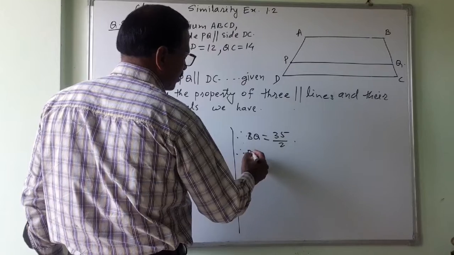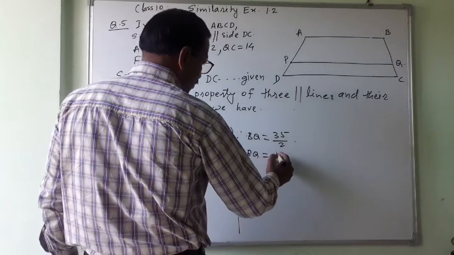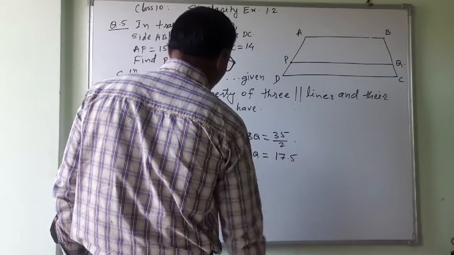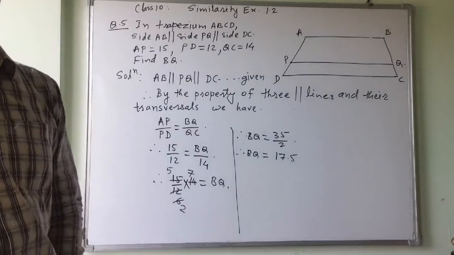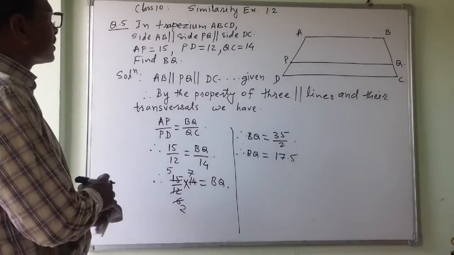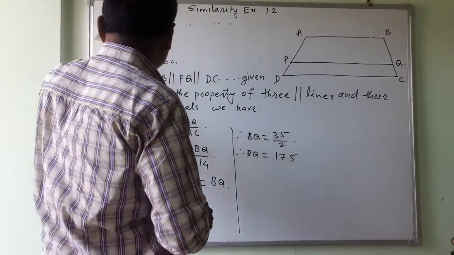Therefore, BQ equal to, if you want to divide, you can divide. 2 1 are 2 7 and 5, 17.5 units. So this way, this sum is easy, but still anyhow we have to do some of the sums and it will make us perfect.